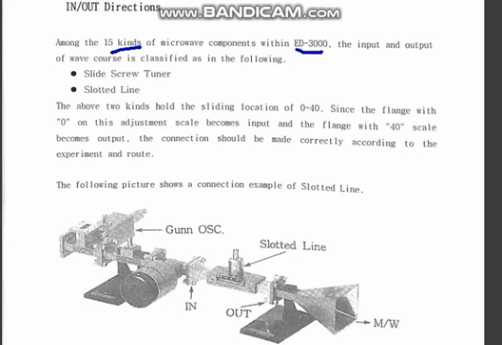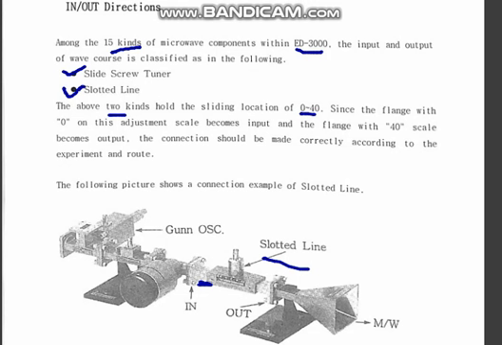The input and output wave ports are classified as follows: slide screw tuner and slotted line. These two parts, the slotted line and the slide screw tuner, play a great role in measuring microwaves. The above two kinds hold a sliding location from 0 to 40, and they can slide through there.